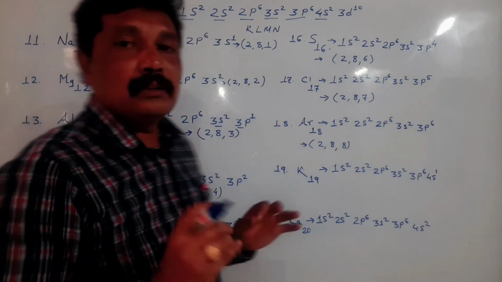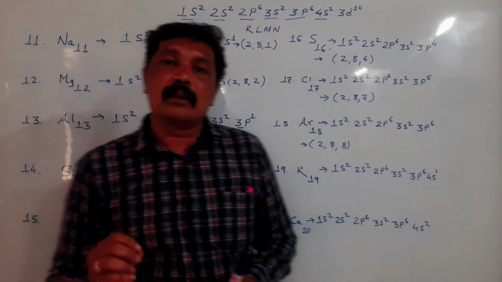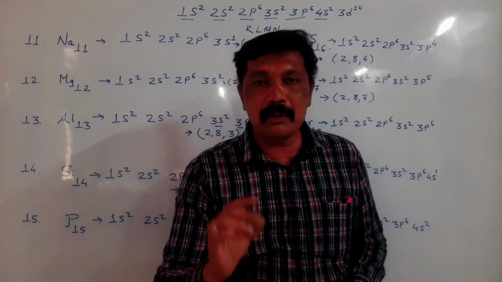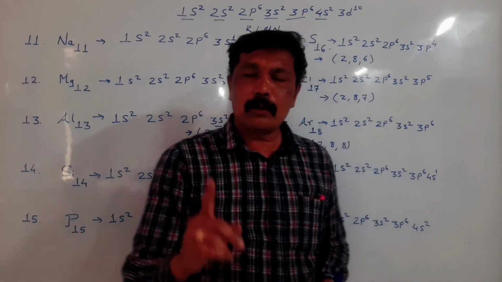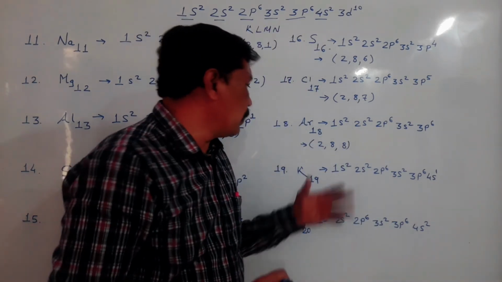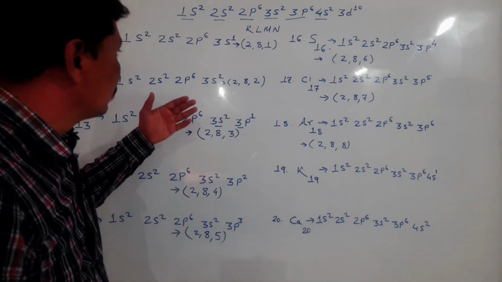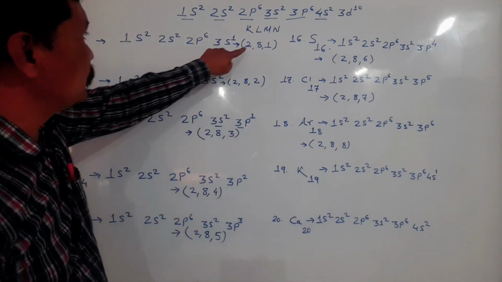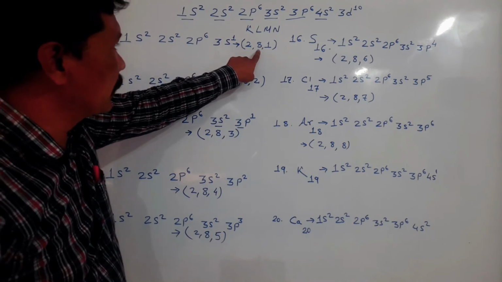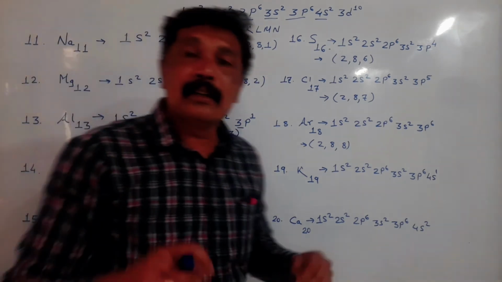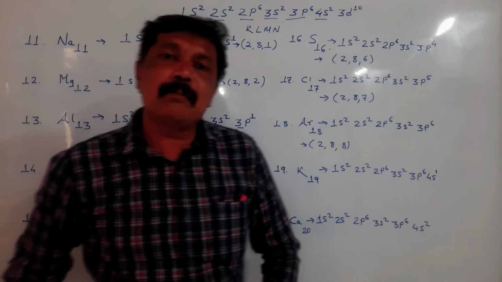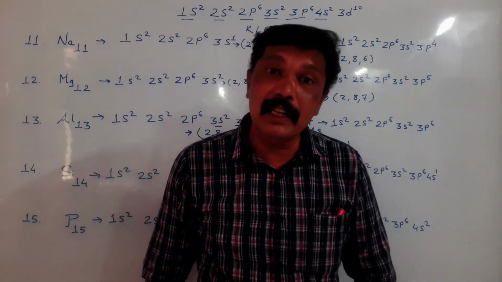But my dear student, Niels Bohr said that the first orbit will have 2 electrons, the second orbit will have 8 electrons, and the third orbit will have the capacity of 18 electrons.